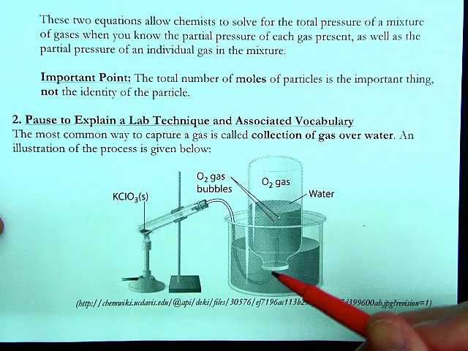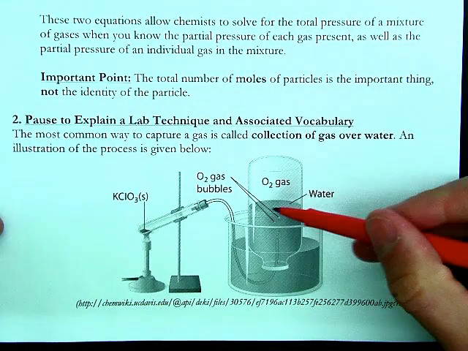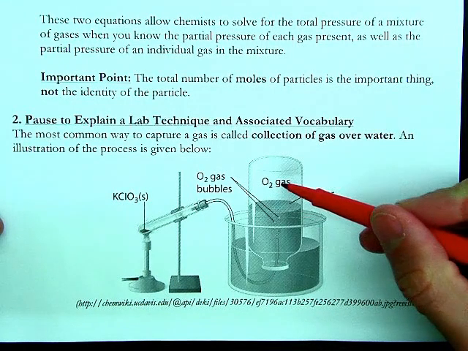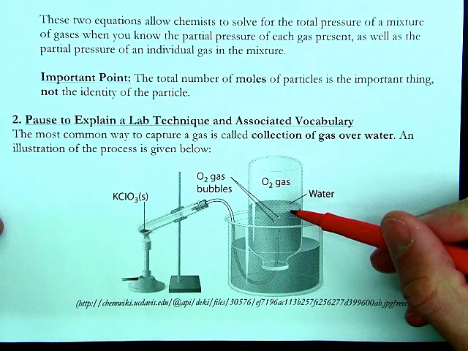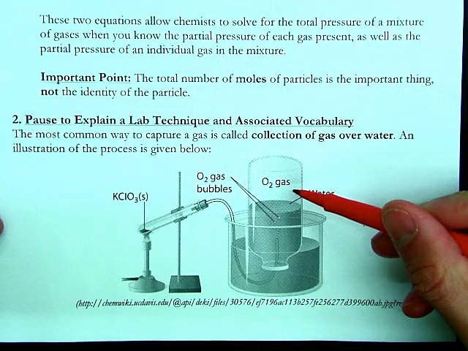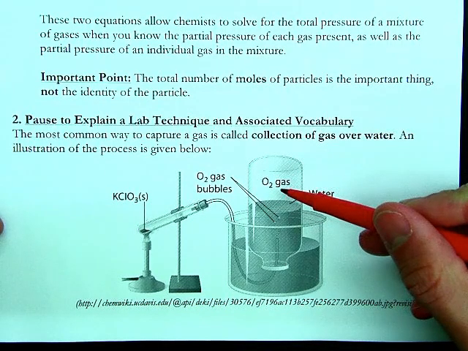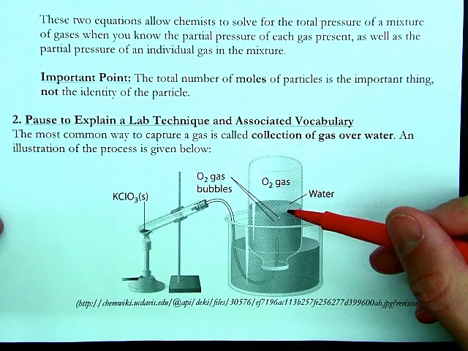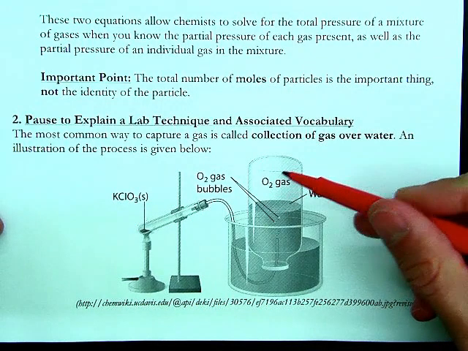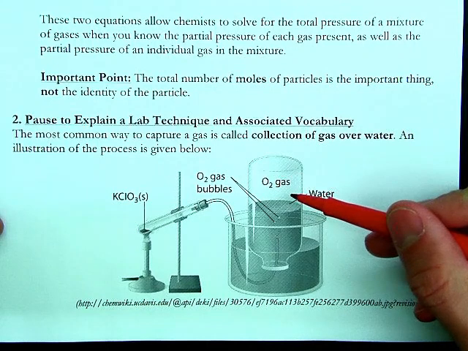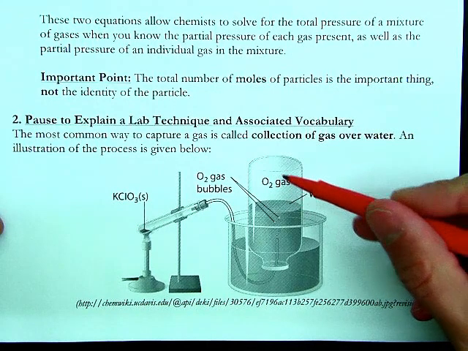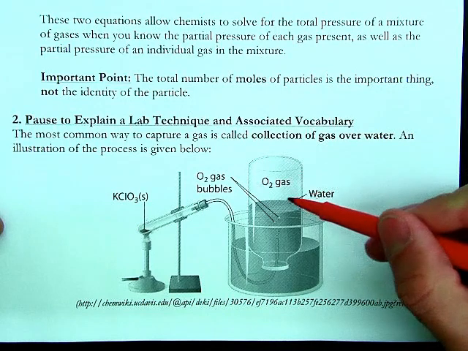But what's important to realize here is whenever you collect a gas over water, you have the gas that you're collecting in here, but water evaporates to a gas as well. So you don't just have oxygen in here, you have oxygen gas and water in the form of a gas, water vapor. So this is actually a mixture of gases, and each gas exerts its own pressure.